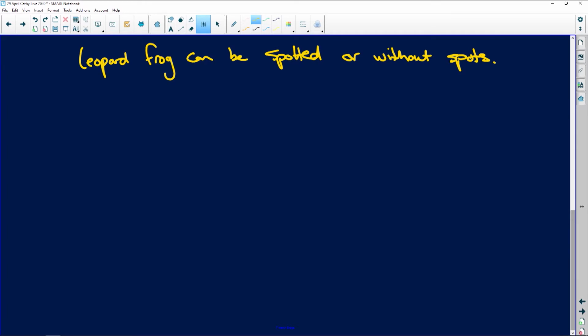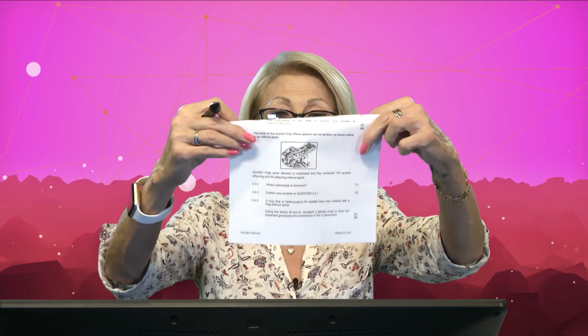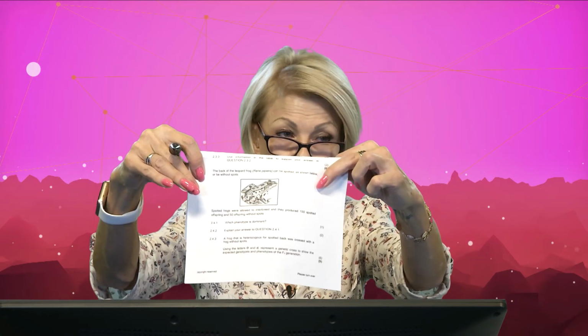And to make it interesting, they actually give you the picture of a frog. Right, so if you are scared of frogs, you have a problem. Now it says spotted frogs were allowed to interbreed and they produced 150 spotted offspring and 50 offspring without spots.